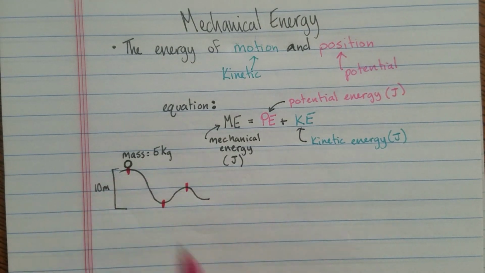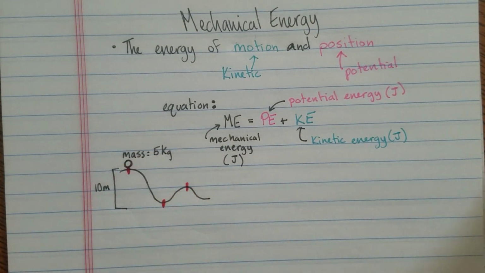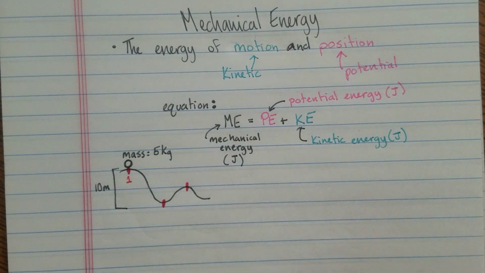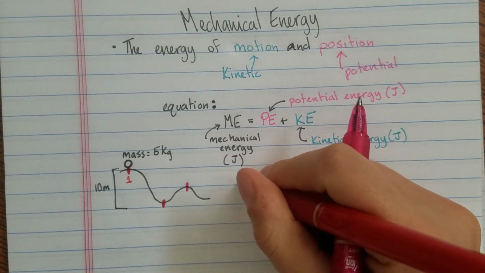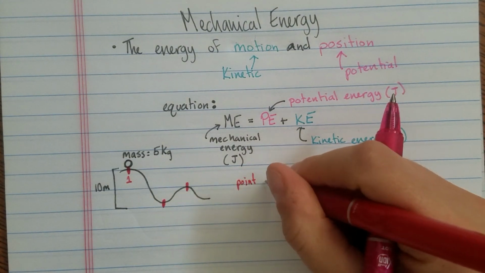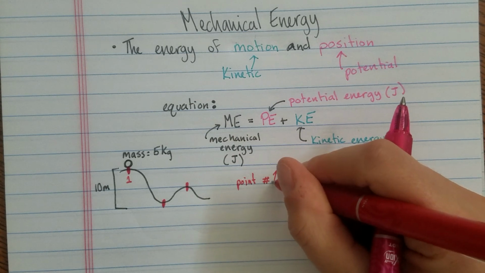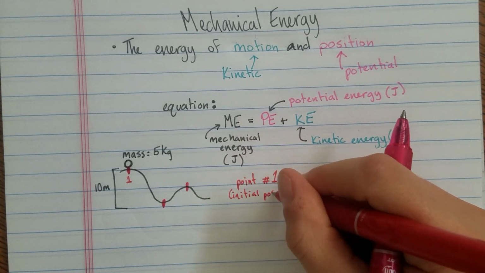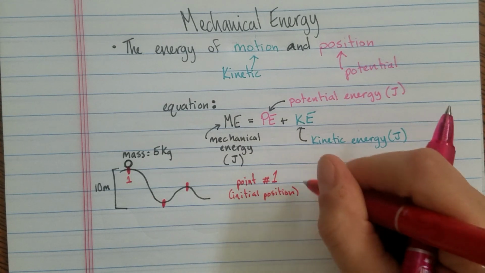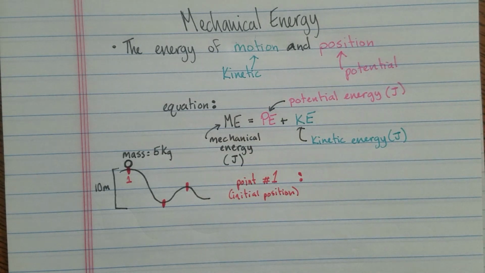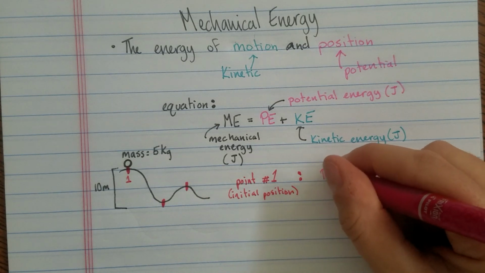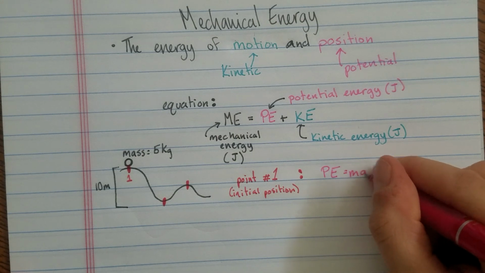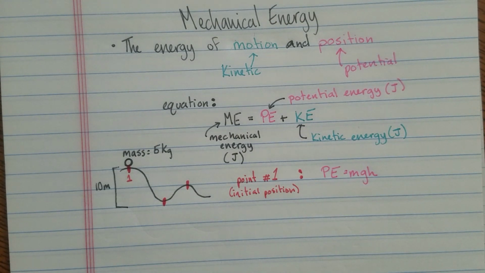So let's start with our initial point. We'll call this number 1. For point number 1, this is our initial position. If I wanted to find the potential energy here, I would use my potential energy equation, which is mass times gravity times height.